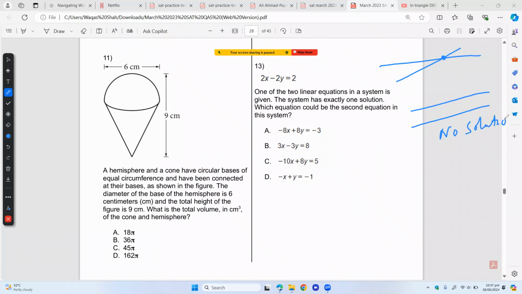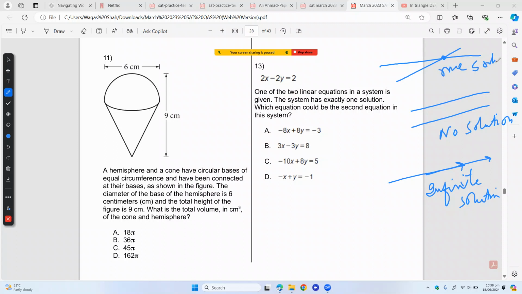And when one line lies on another line like this, the situation has infinite solutions. And this one has one solution.